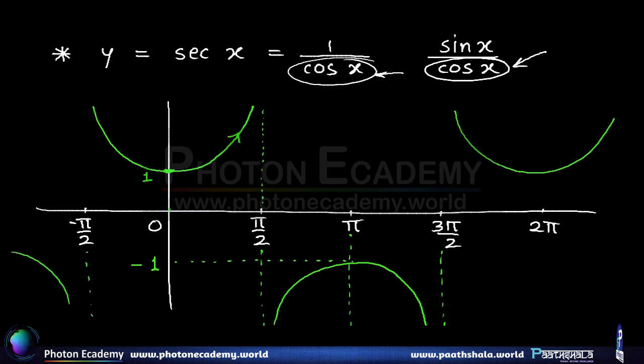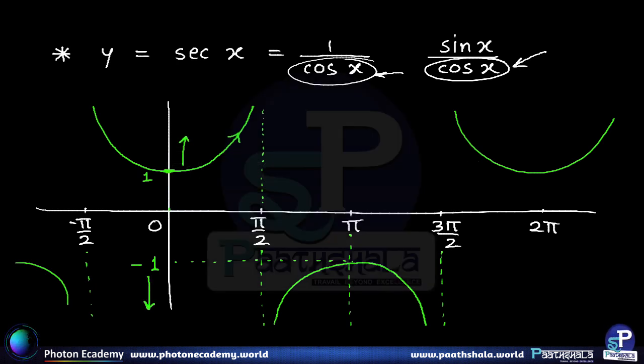So clearly if we observe here, the graph of sec is either equal to 1 or above 1, or it is equal to -1 or below -1, but it will not lie between -1 to 1, both excluded. So that is where we have the range of the sec x.